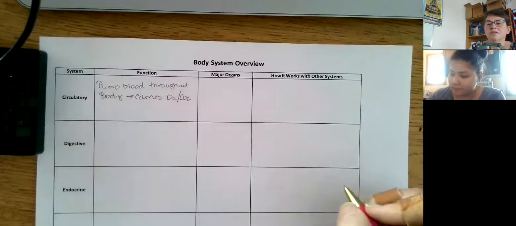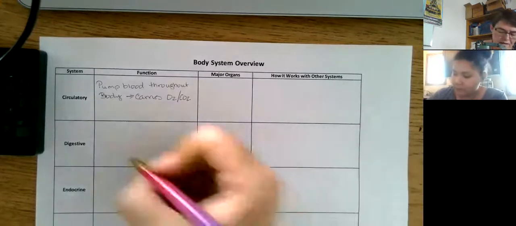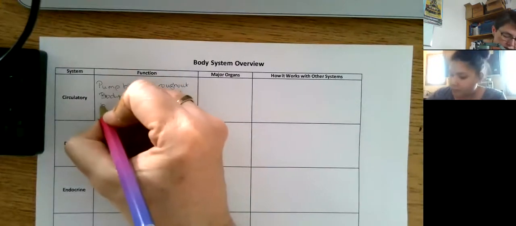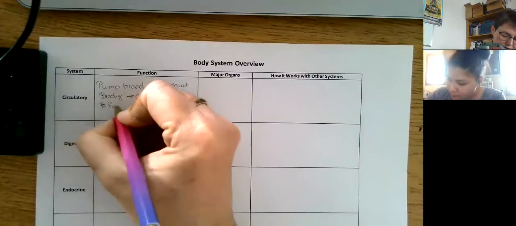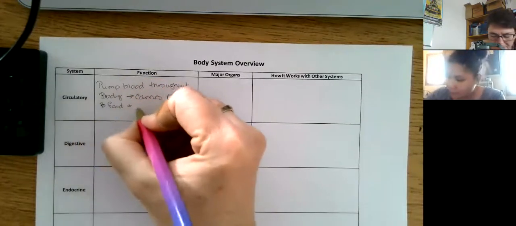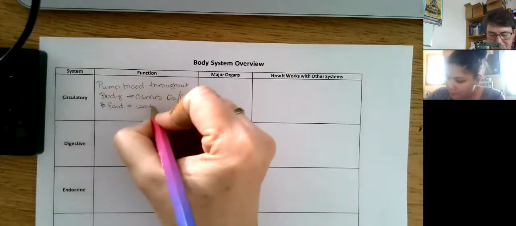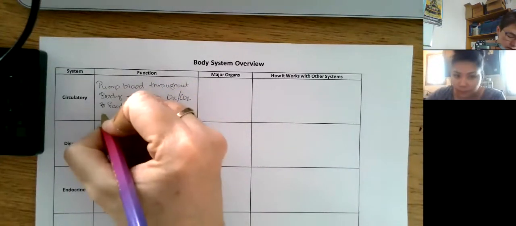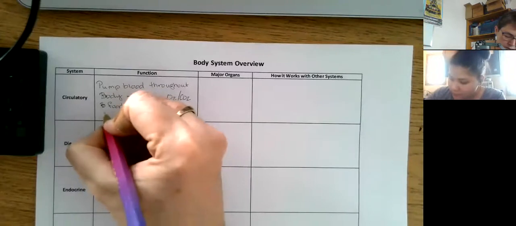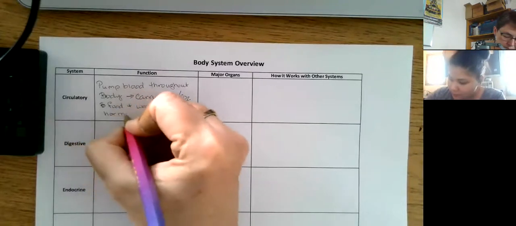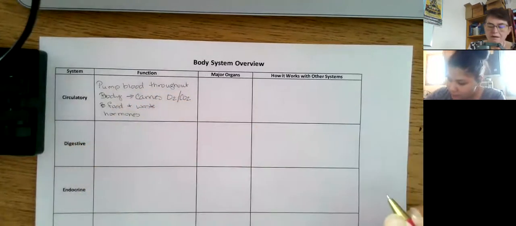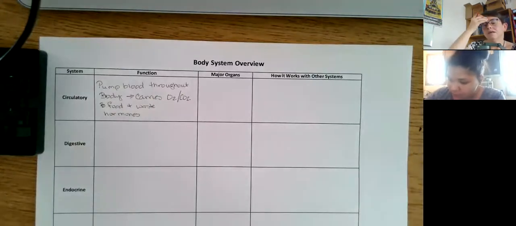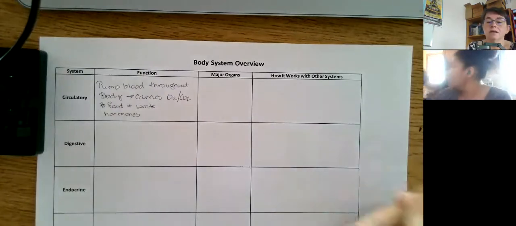So oxygen to the cells, carbon dioxide back. It's going to carry food and waste. Maybe one other big one is it's going to carry hormones. And if you go through the guided notes and the PowerPoint, this is all on there.